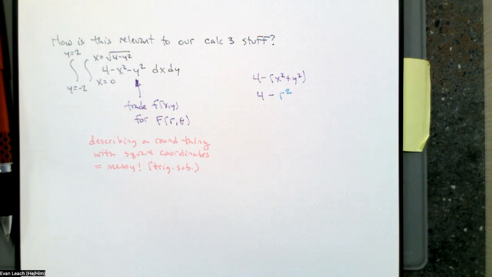That's just mechanical. On the previous page, we wrote r squared equals x squared plus y squared because of the Pythagorean theorem. We just take the x squared plus y squared and replace it with r squared.